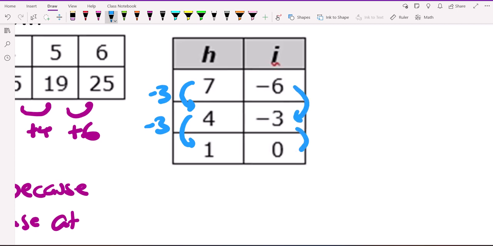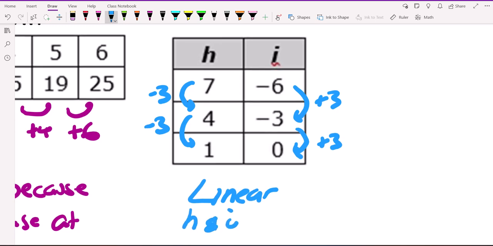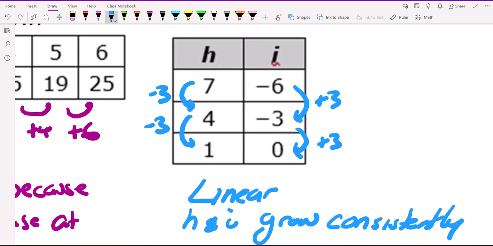How's this changing? It's going up by 3. Right? So we can say this one's yes, linear. Right? H and I grow consistently. Consistently. Okay.